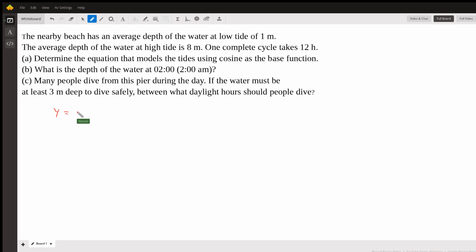Y is equal to A times the cosine of B times X minus H plus K. And you should know that absolute A is the amplitude of this curve. 2 pi over absolute B is the period of the curve, which is how long it takes the curve to repeat itself.